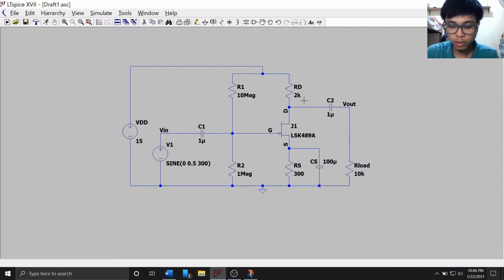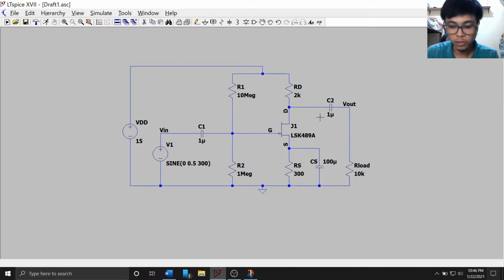So during the positive half cycle of the input signal, the net VGS voltage decreases, thus the current ID flowing through RD increases. VGS and ID are inversely proportional, so when VGS decreases during the positive half cycle, current ID increases. The output voltage given as VDS is equal to VDD minus ID times RS plus RD, which we'll encounter later on in this video.